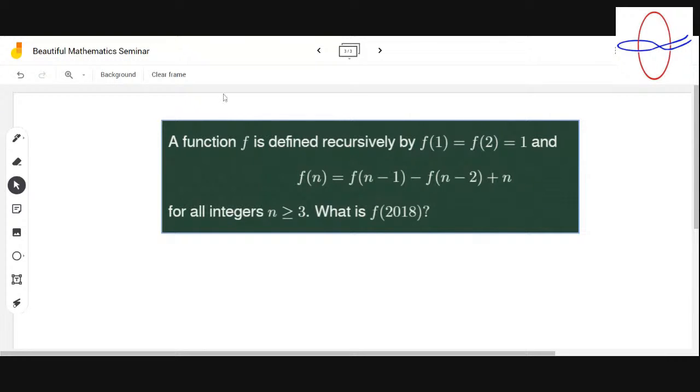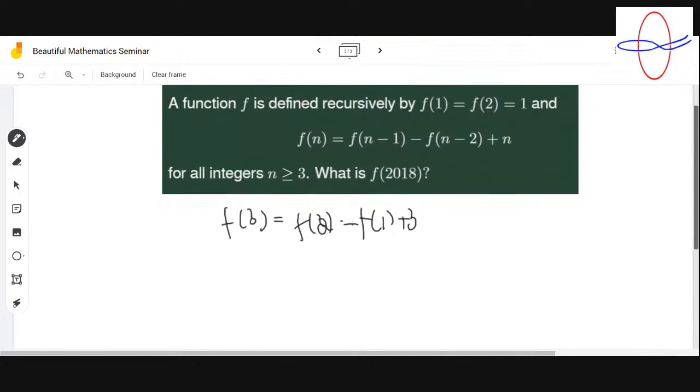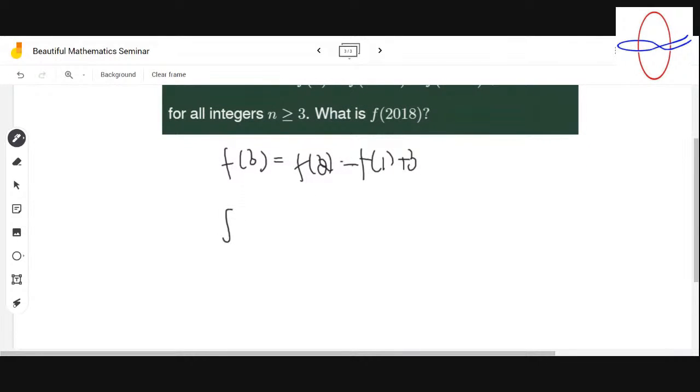So let's write it down, okay? Let's simply write it down. f of 3 is equal to f of 2 minus f of 1 plus 3. f of 4 is equal to f of 3 minus f of 2 plus 4.